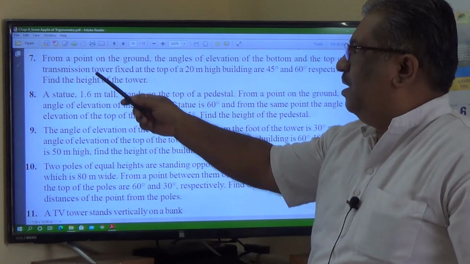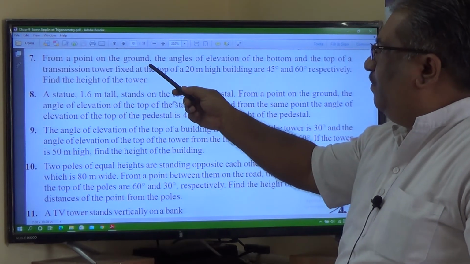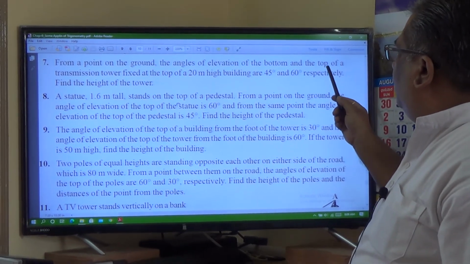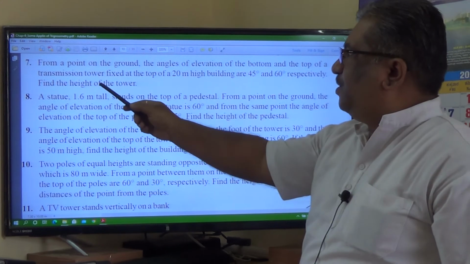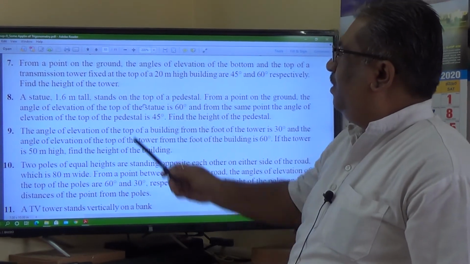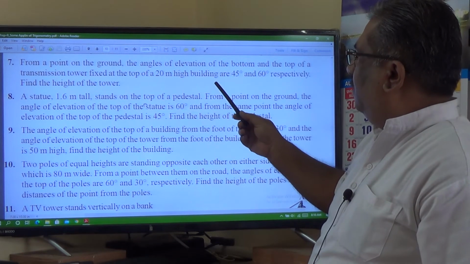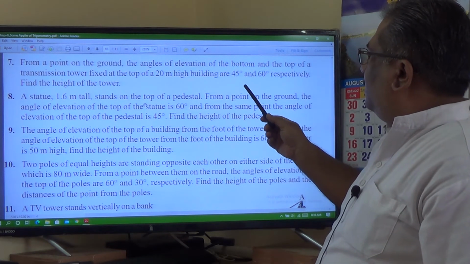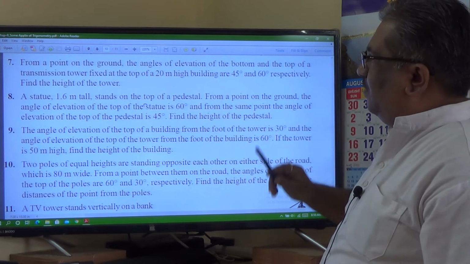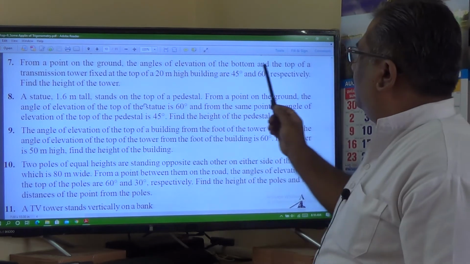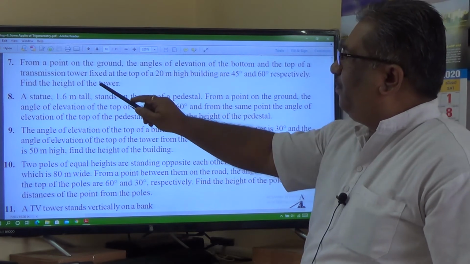So note down. Question number 7. From a point on the ground, the angles of elevation of the bottom and top of a transmission tower fixed at the top of a 20-meter high building are 45 degrees and 60 degrees respectively. Find the height of the tower. So this tower, where is that?